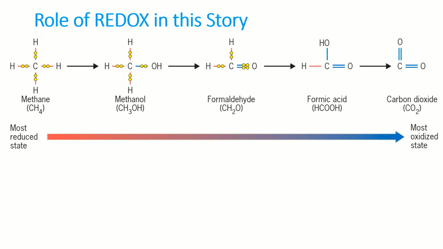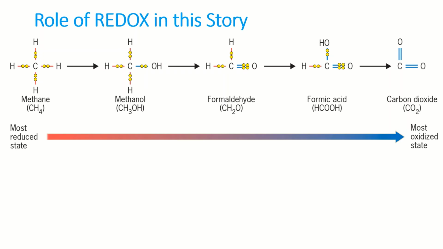Then we have formic acid here to the right. Take note also that the oxygen in the carbonyl group and in the hydroxyl group have pulled the electrons, now 6 electrons, farther away from carbon, so that carbon is now even more oxidized.